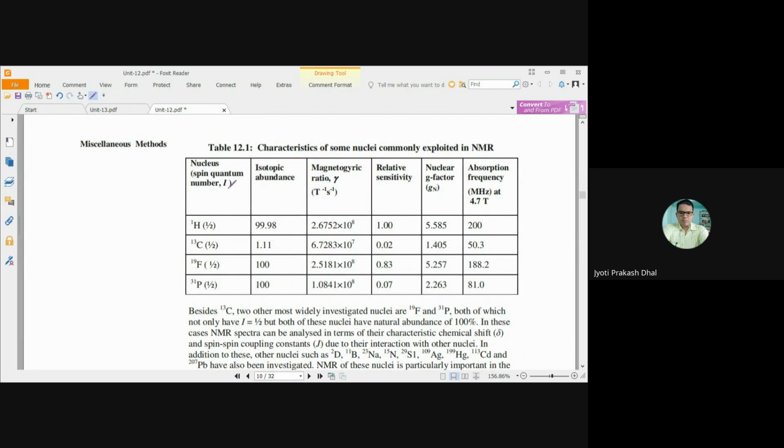So here is the nuclear spin angular momentum I, and the value of I is half for proton, and for carbon-13 the value is also half, for fluorine-19 the value is also half, for phosphorus-31 the value of I is also half. So these nuclei are used for NMR study.